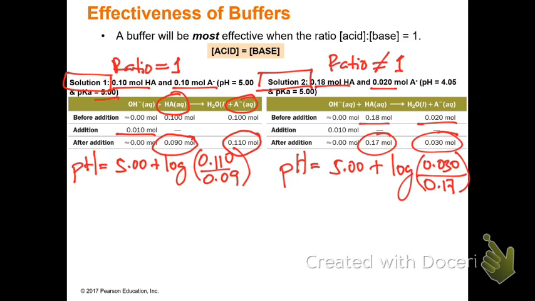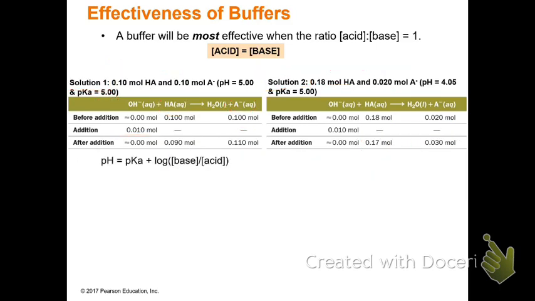So here's the cleaner version. So looking at solution 1, the pH changes to 5.09. So there's a little bit of increase in the pH, right? So the pH initially was 5.00, right? So adding the sodium hydroxide resulted in the increase in the pH to 5.09.